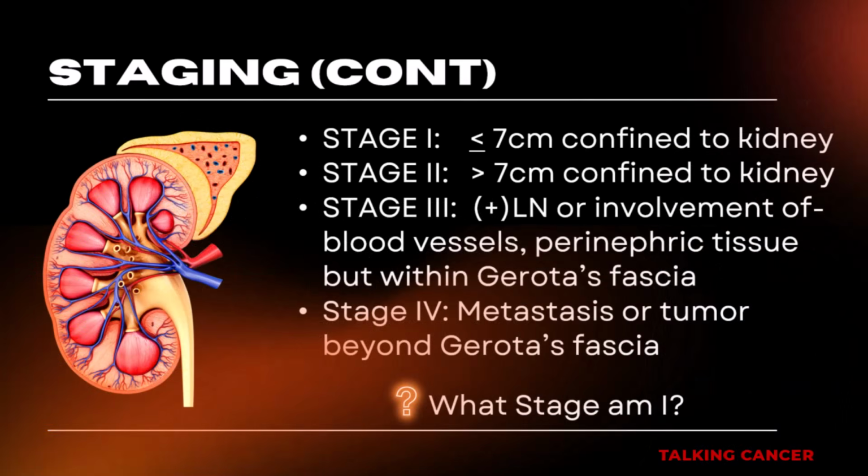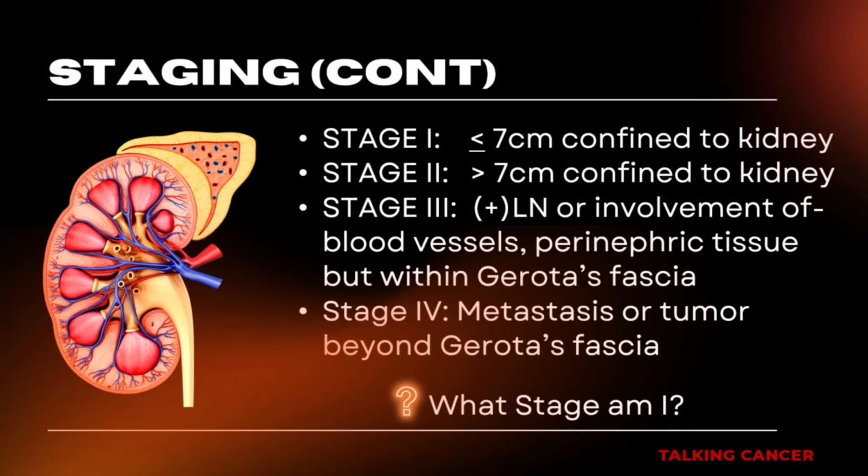Now let's get into the individual stages of kidney cancer and what makes that kidney cancer that specific stage, okay? So kidney cancer is divided into 4 stages: stage 1, stage 2, stage 3, and stage 4. Just know that stage 1 is the earliest form of kidney cancer, whereas stage 4 is the most advanced.